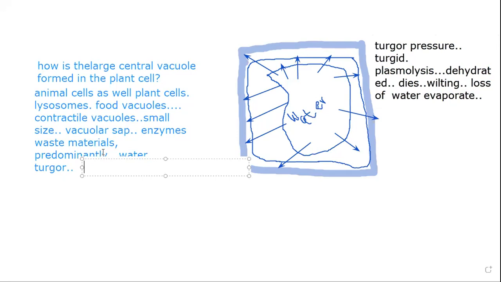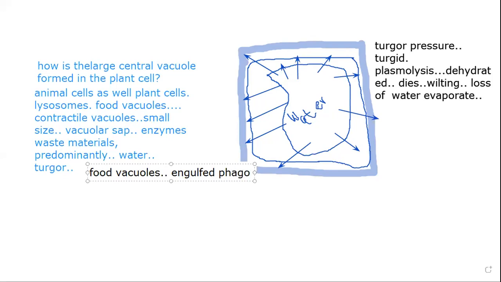Now here, we have the food vacuoles. I'm going to write it on the board for you. आप लोग लिख लीजिए. Food vacuoles are actually engulfed materials which are taken in by the cell by the process of phagocytosis.